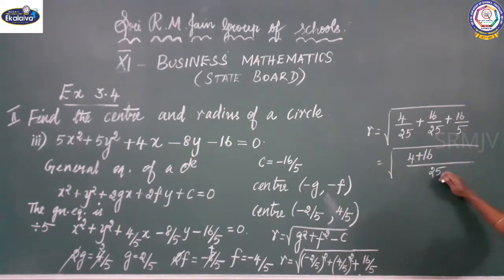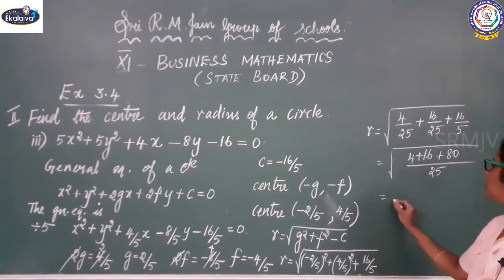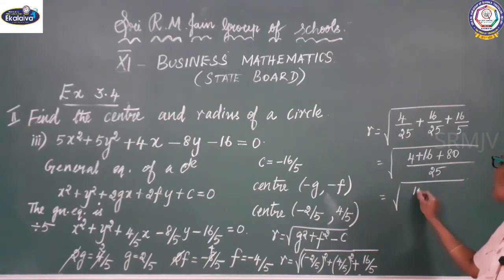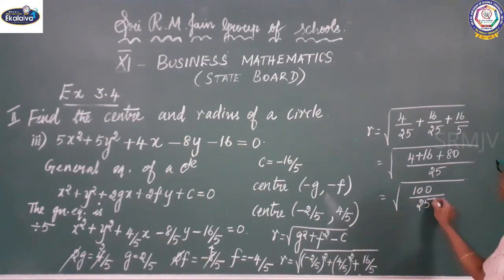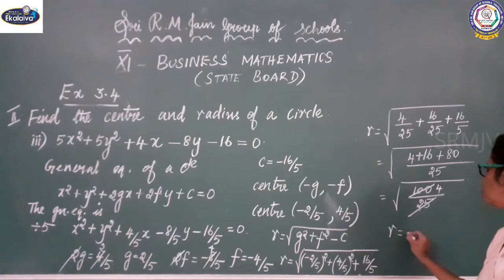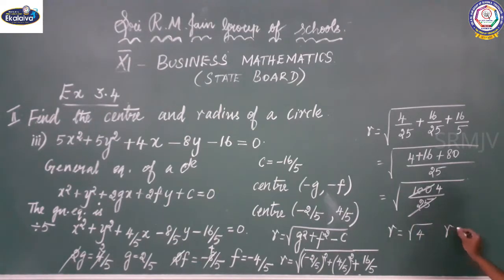Here 5 appears 5 times, so 5 into 16, 80. Which is equal to square root of 100 divided by 25. r equal to square root of 4, then r equal to 2.